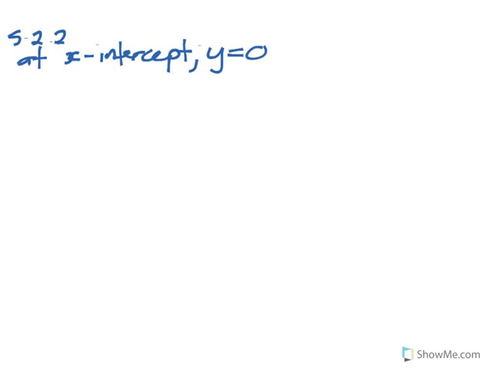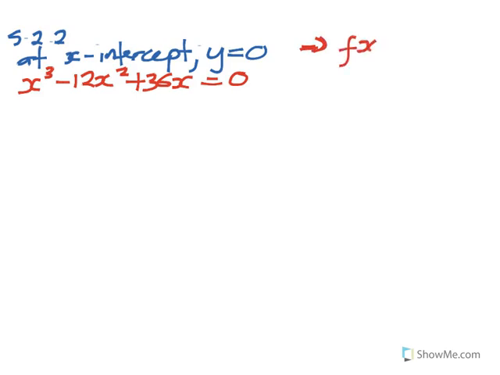But what are you given? You are given x cubed minus 12x squared plus 36x. Therefore, this one will be equal to 0, because if y is equal to 0, it's the same as f of x. You must equate it to 0 at x-intercept. After that, you have to solve for x. I'm going to factorize x because x is common across. It's the smallest power, for 36x.